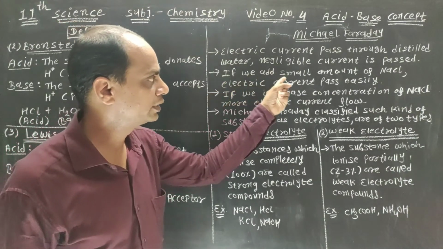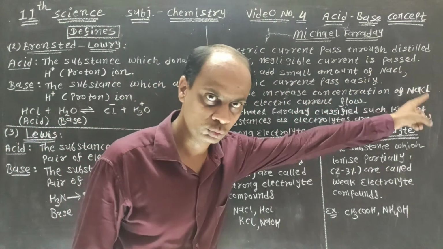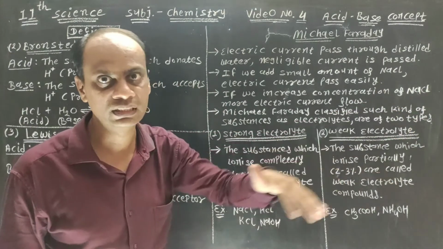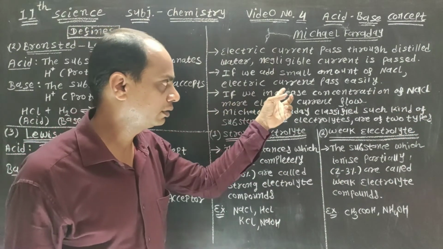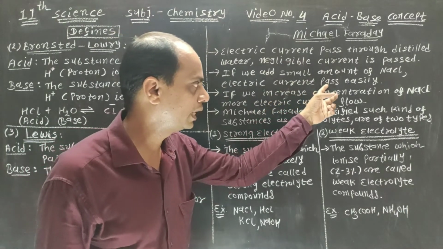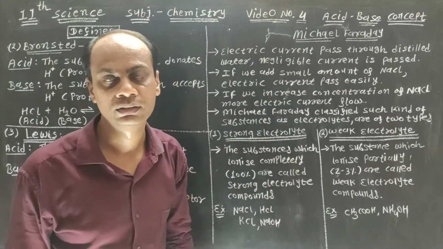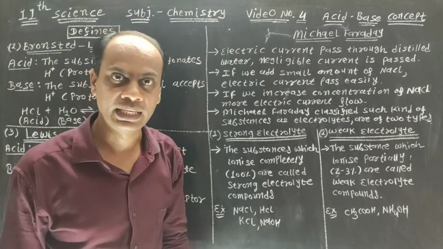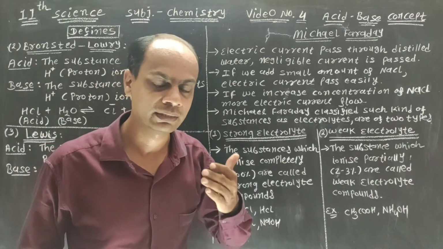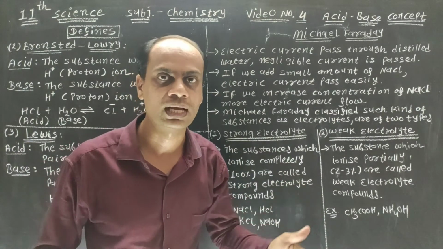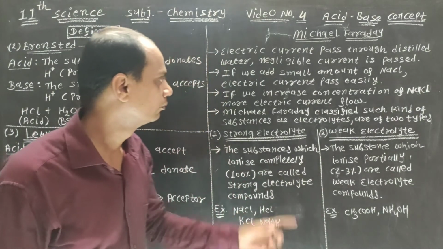If we add a small amount of sodium chloride into distilled water and pass the electric current, it will pass easily because it contains Na plus and Cl minus ions, because you know that electric current is conducted through the ions only.